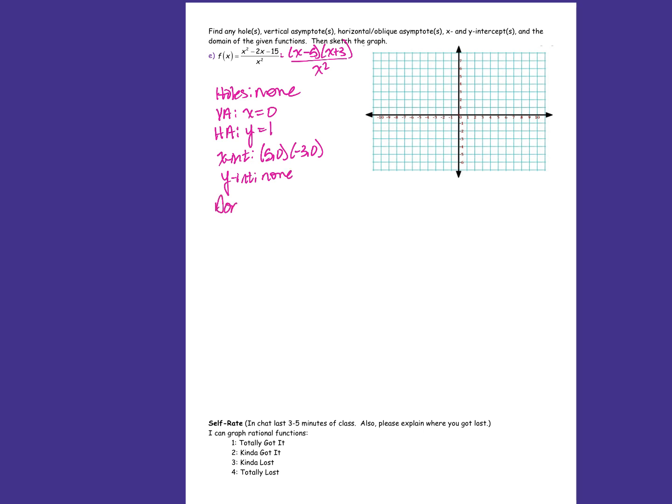Domain is from -infinity to 0 and 0 to infinity. So let's see. There's that. And then I've got one at 1.